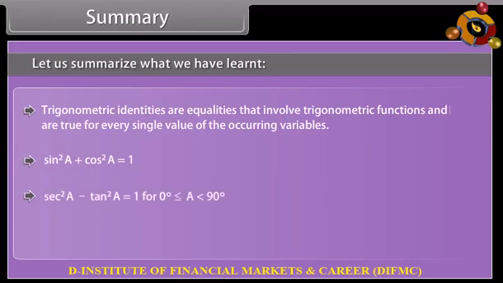Sec square A minus tan square A is equal to 1, for 0 degree smaller than or equal to A, which is smaller than 90 degree. Cosec square A is equal to 1 plus cot square A, for 0 degree smaller than A, which is smaller than or equal to 90 degree.